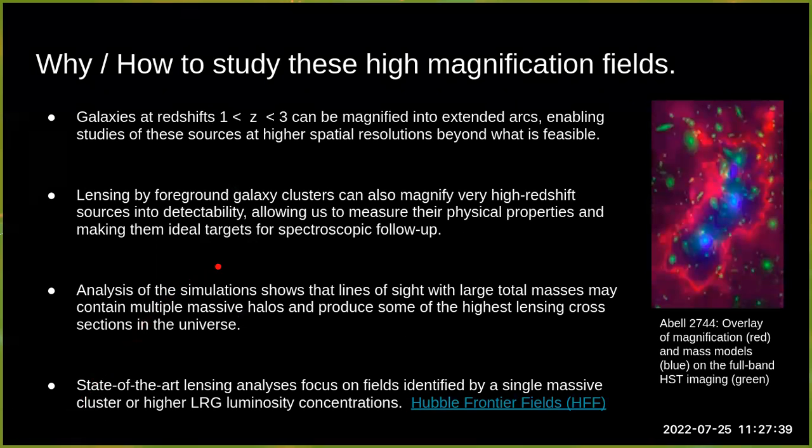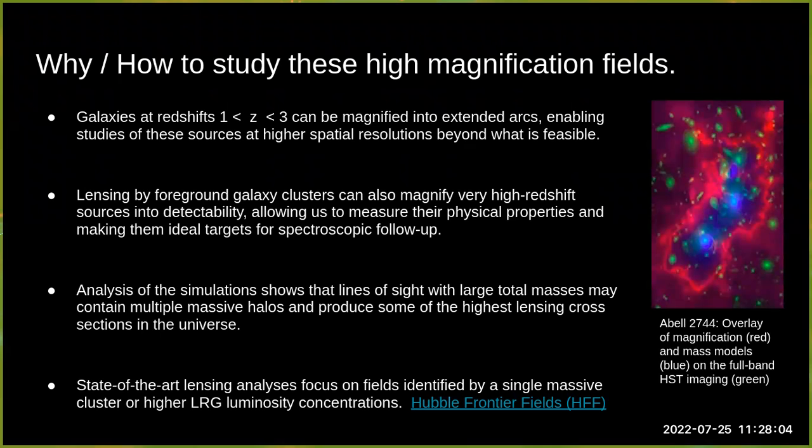Well, why and how to study these high magnification fields? The presence of massive structures like clusters produces gravitational lensing, strong lensing effects, which produce extended arcs that are strongly magnified.